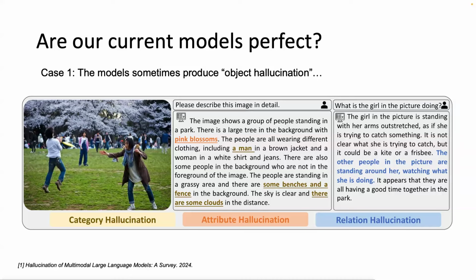If you ask what the girl in the picture is doing, they will say other people are pictured around her. Probably that's right, but maybe not a lot of people will guess so. We call this object hallucination, which we think is inherited from the large language model bias. These hallucinations we usually divide into category hallucinations, attribute hallucinations, as well as relation hallucinations.